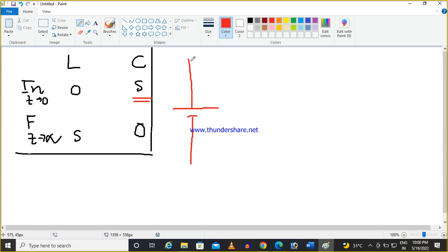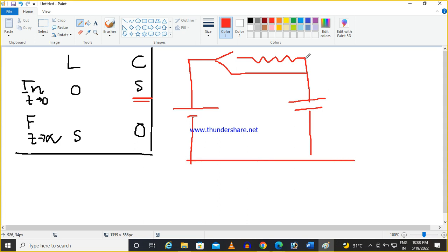What I will do here is introduce one resistor and then the capacitor, and here I will make a two-way switch, and it is connected like this, and then my inverter.